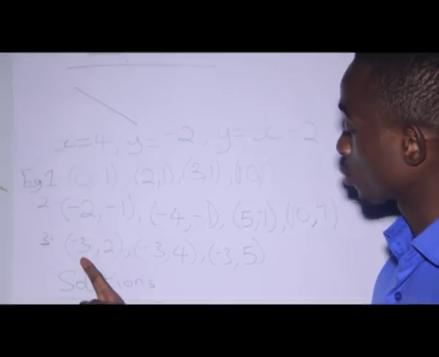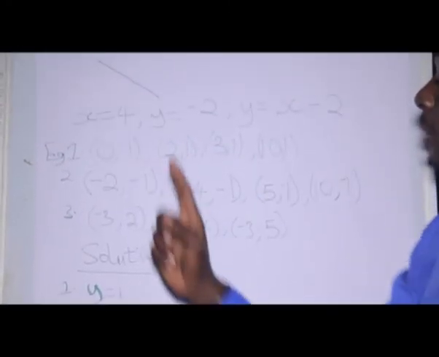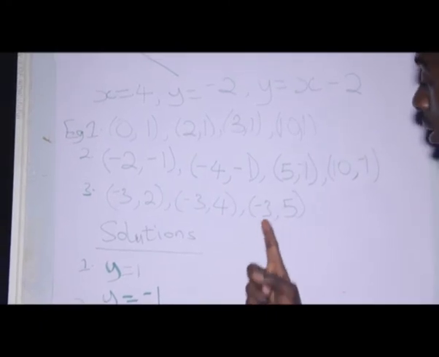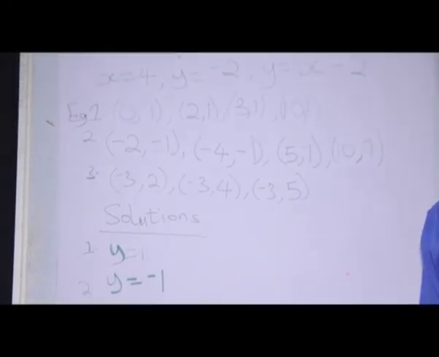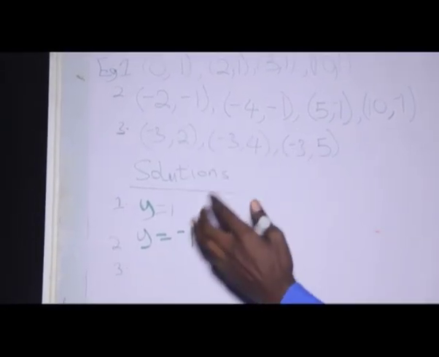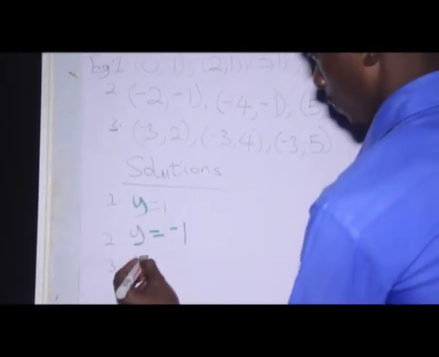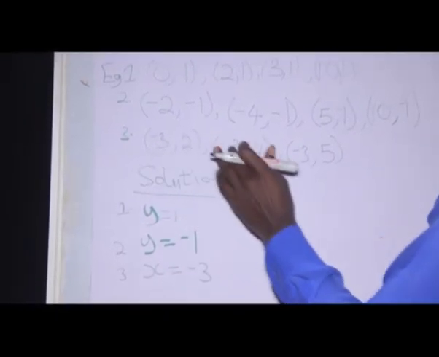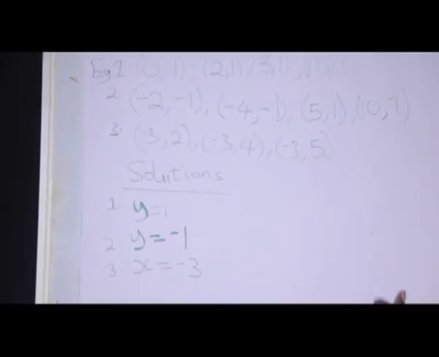Here I have my x coordinate as -3, same here, and even here, -3. So the equation of the line that joins these points is going to be x is equal to -3, because all my x values are -3.